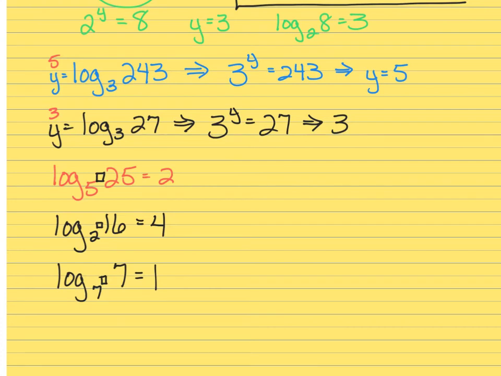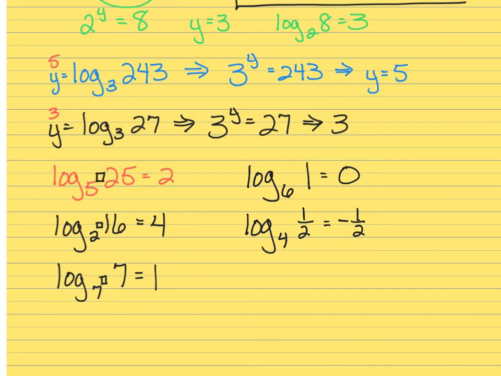Now we can get a little more tricky here. Log base 6 of 1. 6 raised to what power is 1? The answer is 0. Let's do log base 4 of 1/2. Here's a fun one. 4 raised to what power equals 1/2? Well, now you've got to remember all your rules of exponents, and the answer is going to be negative 1/2.